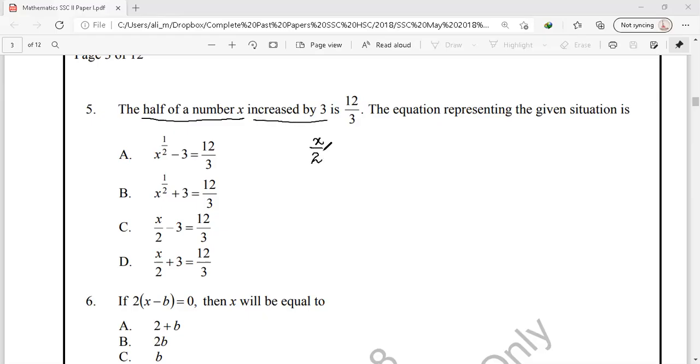Increased by 3 means we can add 3 to that half of the number, and it is equal to 12 over 3. So the equation represented by the situation is given in option D. x over 2 plus 3 equals 12 over 3. So this is the correct answer for this question number 5, option D.